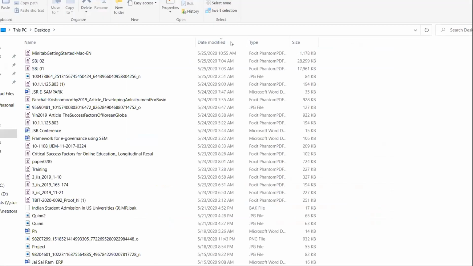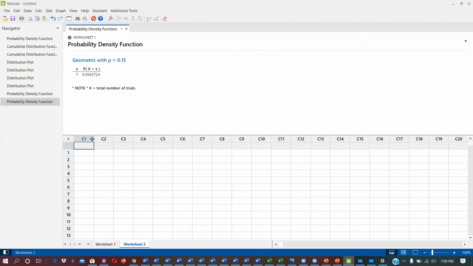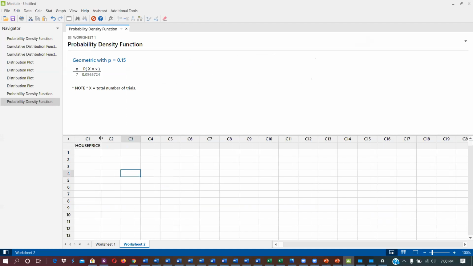Or let me create the data myself. So here I have Minitab, and let me start a new sheet. Let's say this is the price of houses, house price in Spokane County, and 1,000 houses.